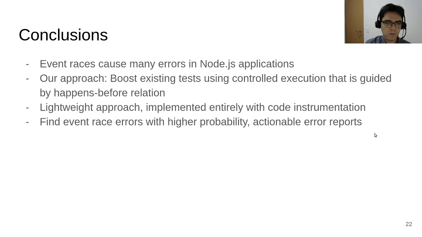It's important to say that no change to the underlying Node.js system is required. The experimental results gave evidence that NodeRacer finds event race errors with higher probability than a state-of-the-art fuzzer and produces actionable error reports.